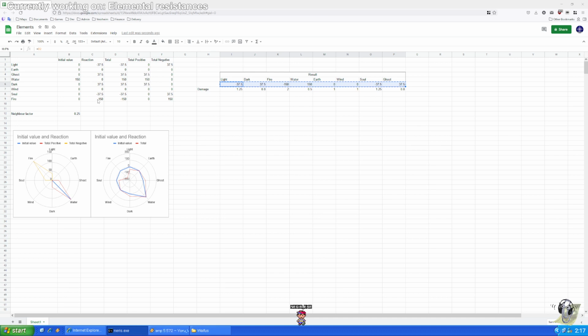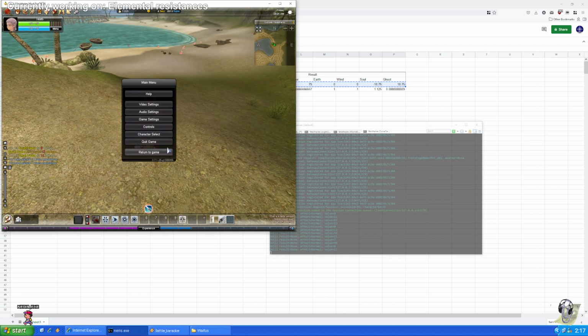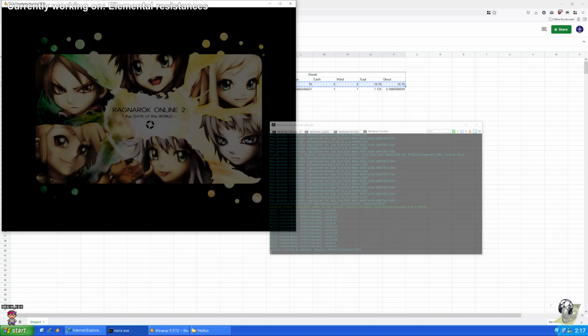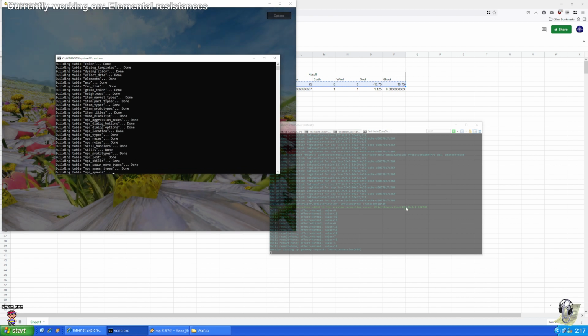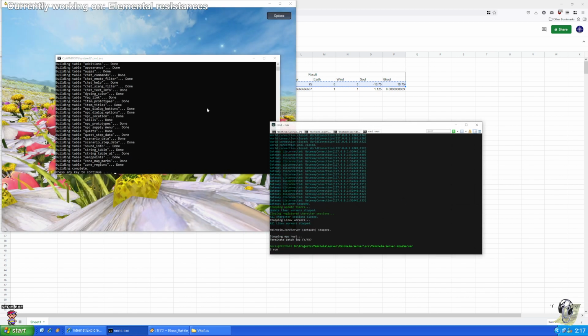For the two top ones, let's use just 50, or 75. Yeah, let's use 75. Then these are the stats for him. Yes. So let's exit, export, restart.